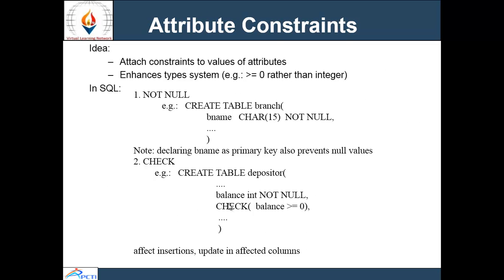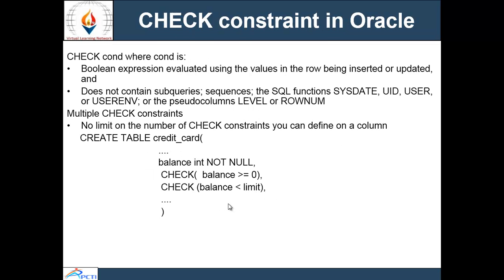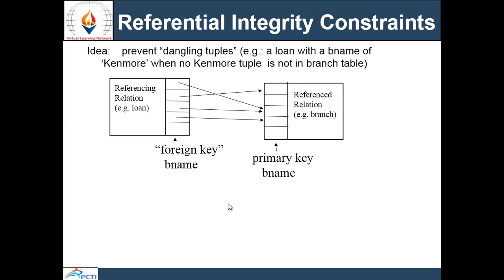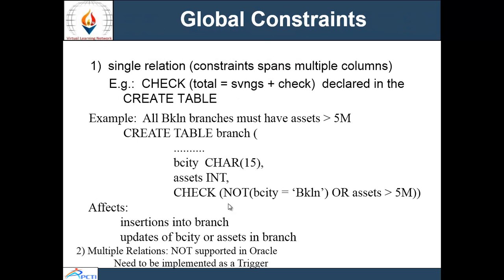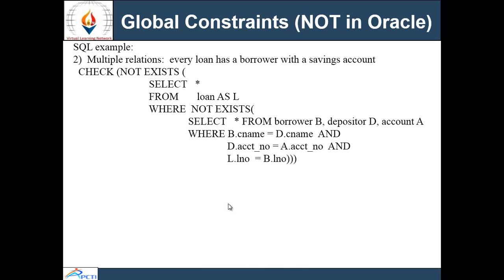Then attribute constraints we have already covered, that is not null constraint and check constraints. Then you can apply while creating a table. Global constraints like check constraints in a single relation and in multiple relations.